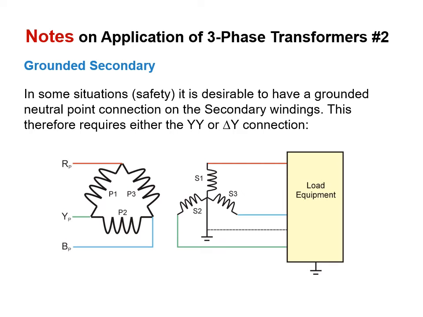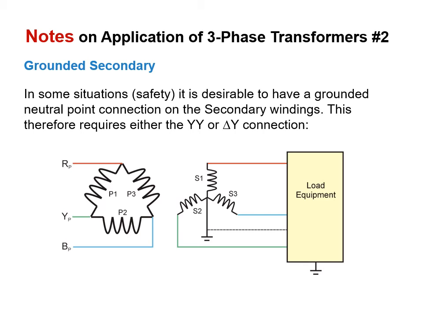The other application of three-phase transformers might be a grounded secondary. This is for safety reasons, and we might want a grounded neutral point on the secondary windings. For example, if we've got load equipment that is grounded, we may want to connect that ground to the neutral point of our star configuration.